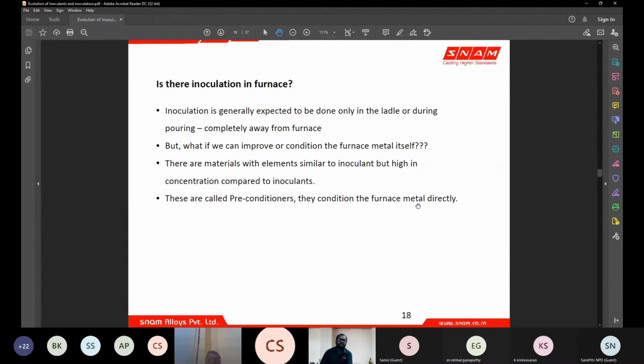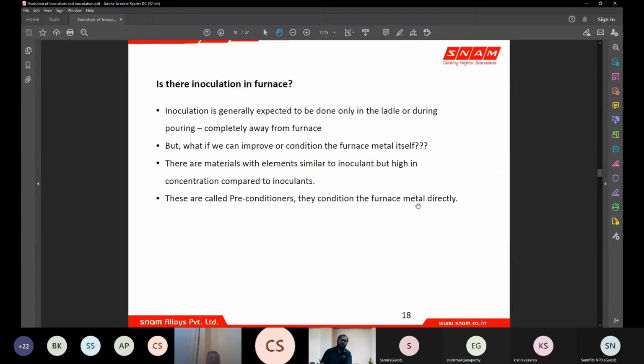If you have such metal, any amount of good inoculation you do, you'll still end up with defects. So you have to tame your metal, get it accustomed to the inoculant, and ensure that your metal is most responsive to the inoculation you do. Only then can you work on adding less inoculant, or getting the maximum benefit out of the inoculant we add.